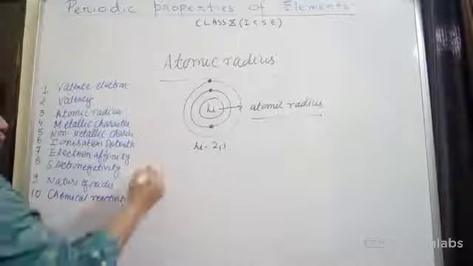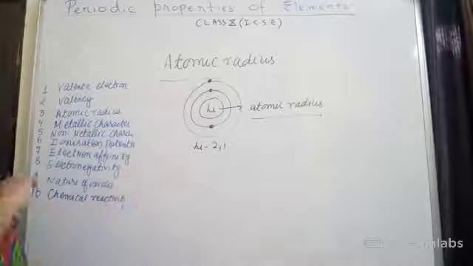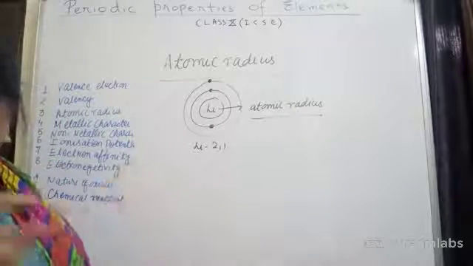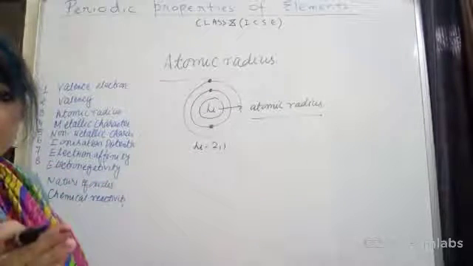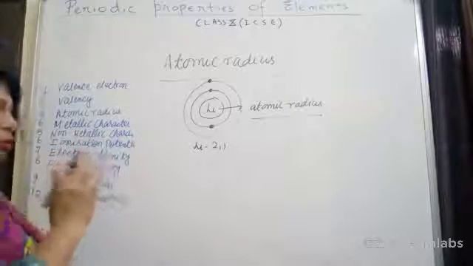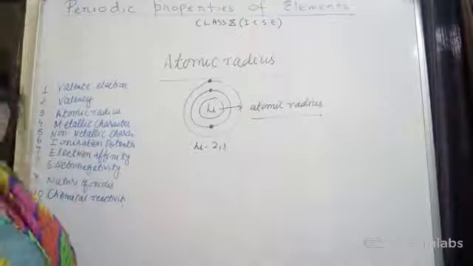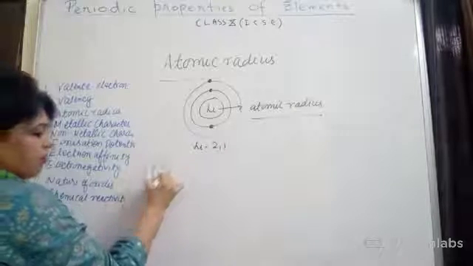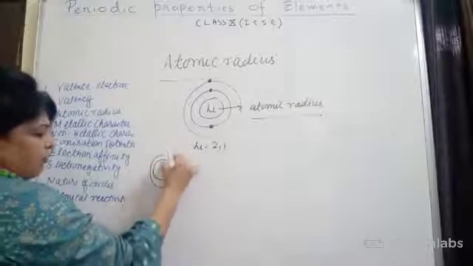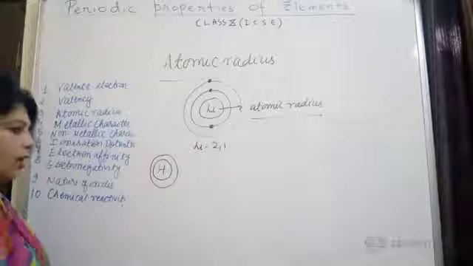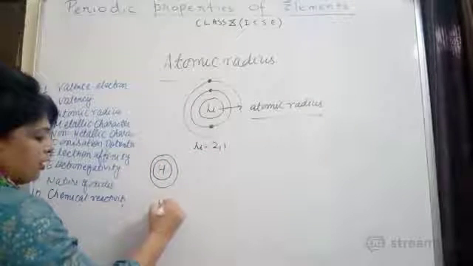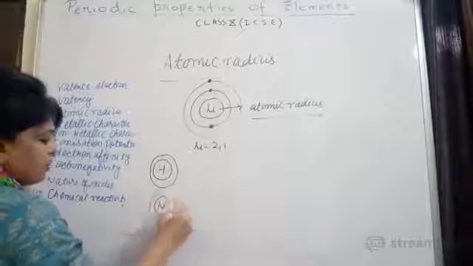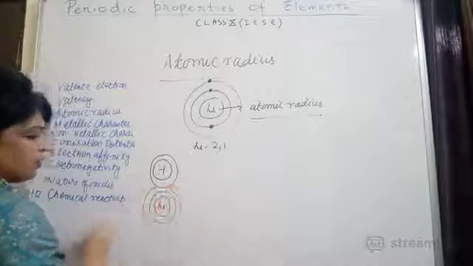So what will happen to atomic radius when you move from top to bottom or when you move across a period? So first we have just now learned hydrogen atomic number is 1, so it will have only one shell. Clear? Now lithium is what? Lithium is having one shell, two shell, right?